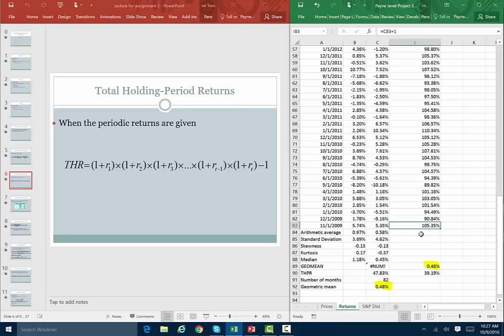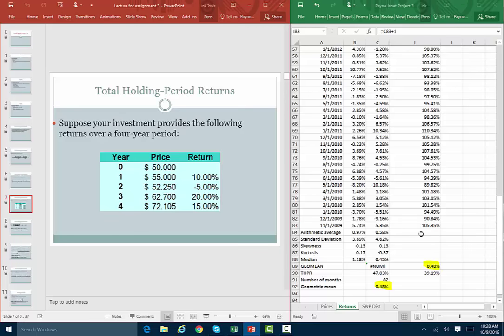So look up in your statistics book or wherever what exactly a geometric mean is, and you'll see that this calculates the geometric mean literally from the perspective of geometry.